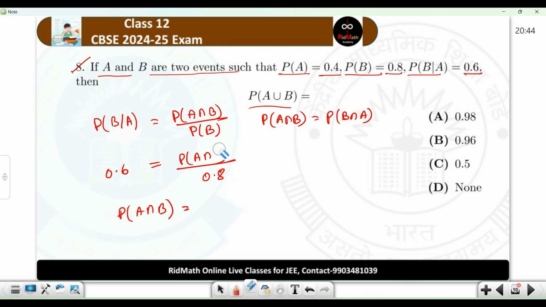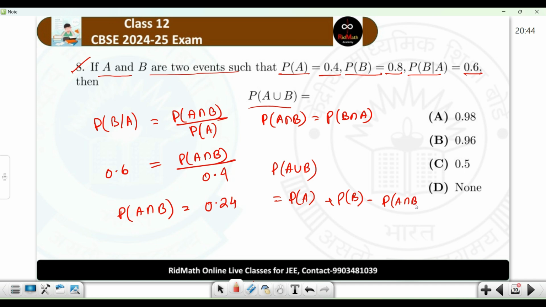Sorry, this is P of A. So this is 0.4, that means 0.24. So P of A union B is equal to P of A plus P of B minus P of A intersection B. So this is equal to 0.4 plus 0.8 minus 0.24.